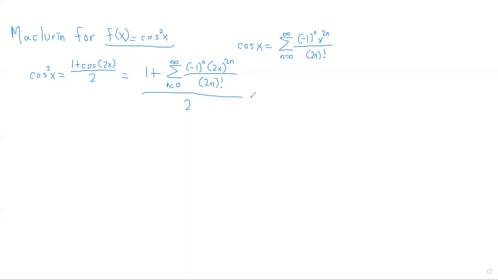I'm going to expand this out a bit. 1 plus, so when n is equal to 0, you basically have 2x to the power of 0 over 0 factorial, minus 1 times 2x squared over 2 factorial, plus 2x to the power of 4 over 4 factorial, all divided by 2.